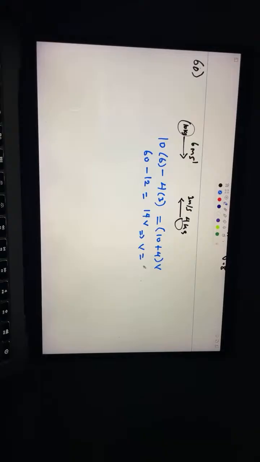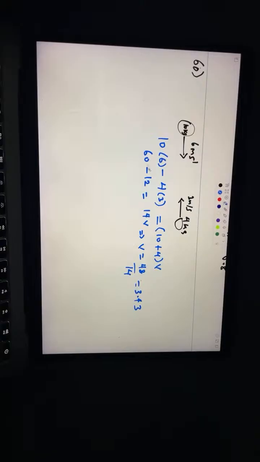And that means that v will be equal to 60 minus 12, that's 48. So 48 over 14, which is approximately 3.43.